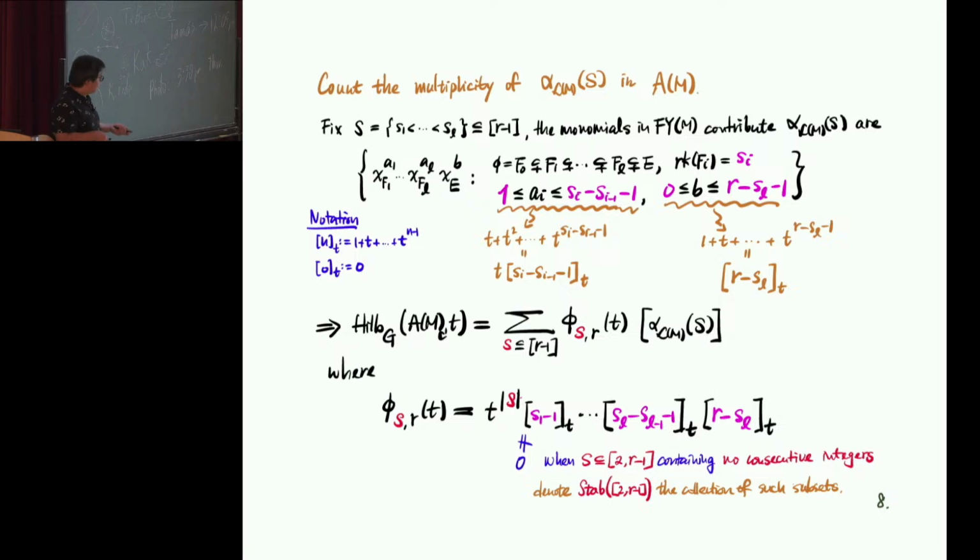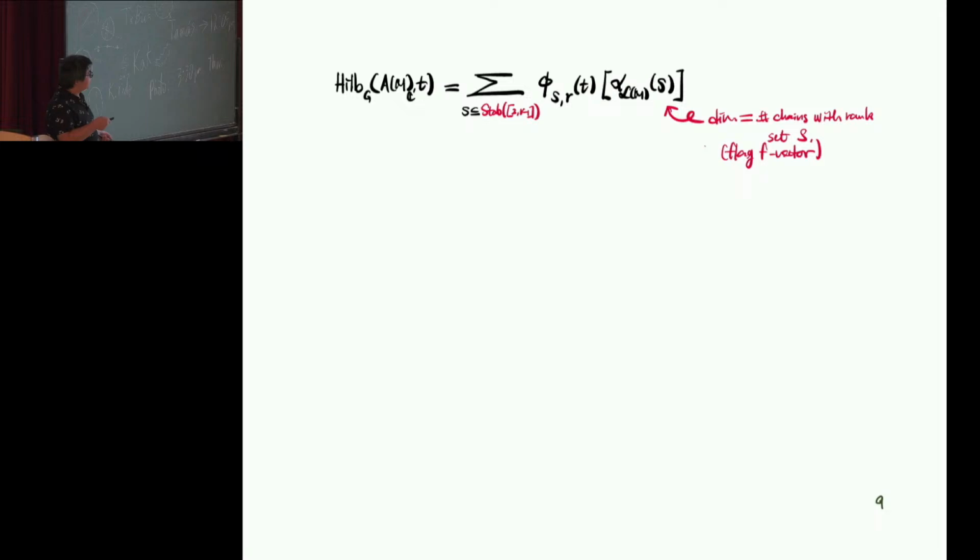So we can write our Hilbert series in this form and run over all the subsets in 2 to R minus 1 that have no consecutive integers. And there's a reason why we use this notation. In poset topology, if you count the dimensions of these things, we are counting the number of chains with a fixed rank set, and this is also known as the flag f-vector of your poset.